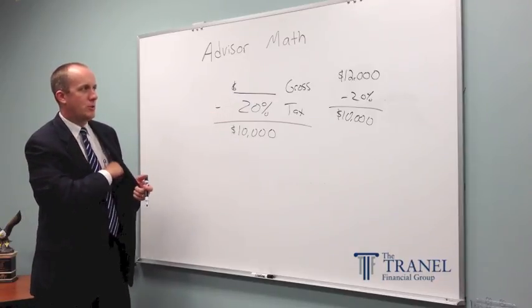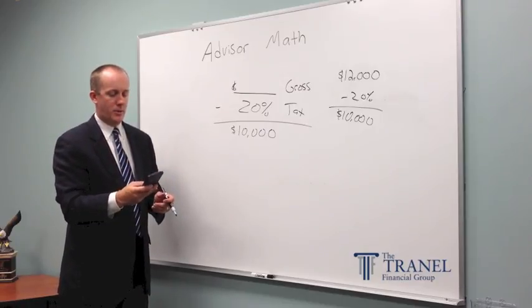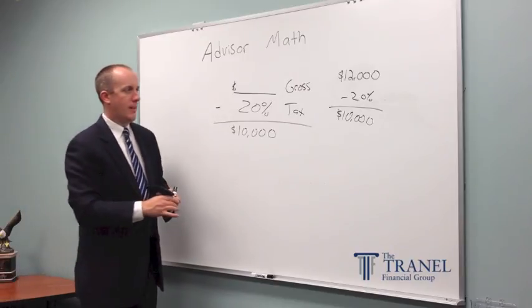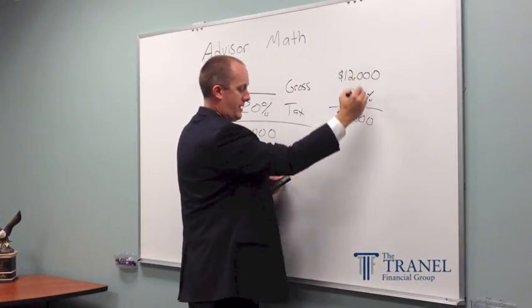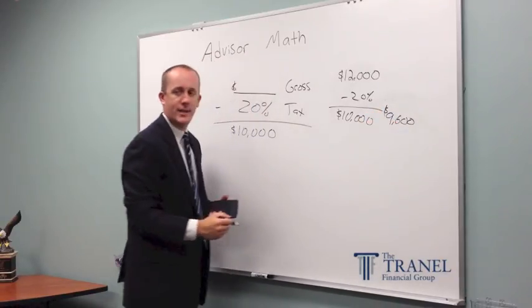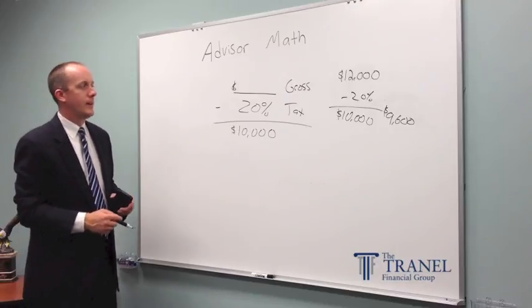But if you took $12,000 minus 20%, so you multiply it by 0.8, this calculation actually results in $9,600, which does not get them the $10,000 they need.